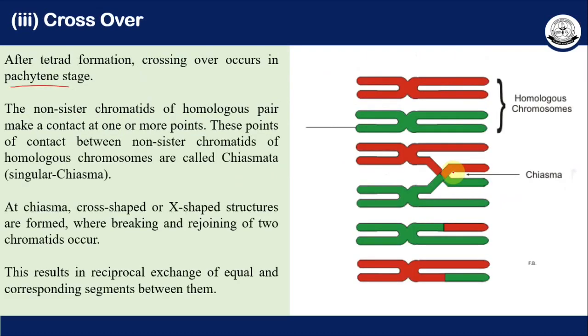Then the non-sister chromatids of homologous pairs make contact at one or more points. See, these two are sister chromatids. Similarly these two are also sister chromatids.